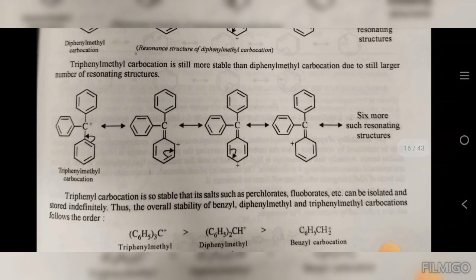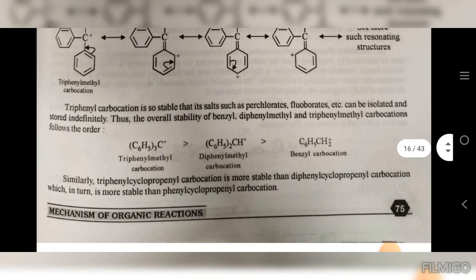Triphenyl methyl carbocation is still more stable than diphenyl methyl carbocation due to a still larger number of resonating structures. Triphenyl methyl carbocation: 6 more such resonating structures. Triphenyl methyl carbocation is so stable that its salts such as chlorates, fluoroborates, etc. can be isolated and stored indefinitely.